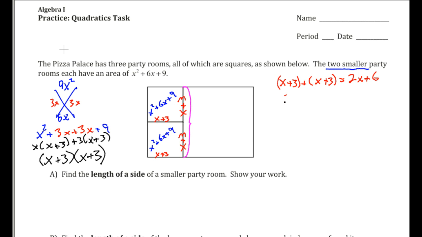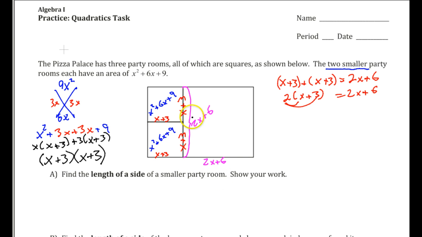Or you could just say it's 2 times x plus 3, which is the same thing. So either way, we know that this height is 2x plus 6, which makes, since this is a square, the base 2x plus 6 as well.